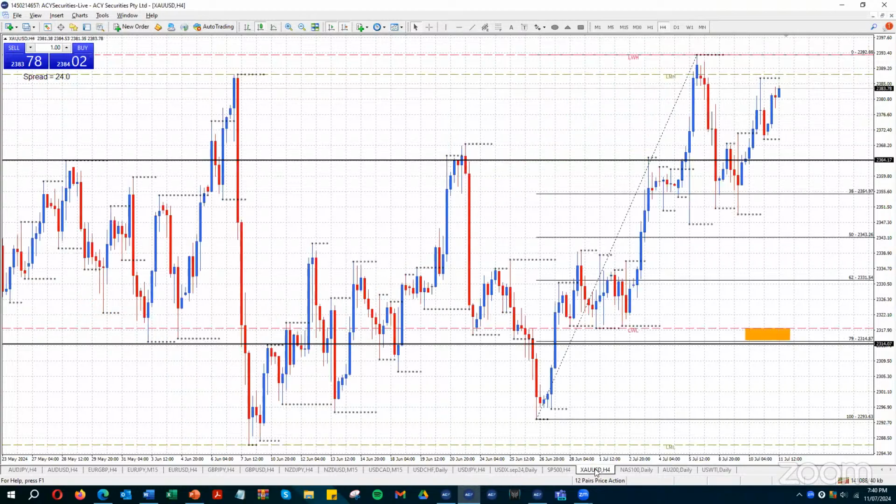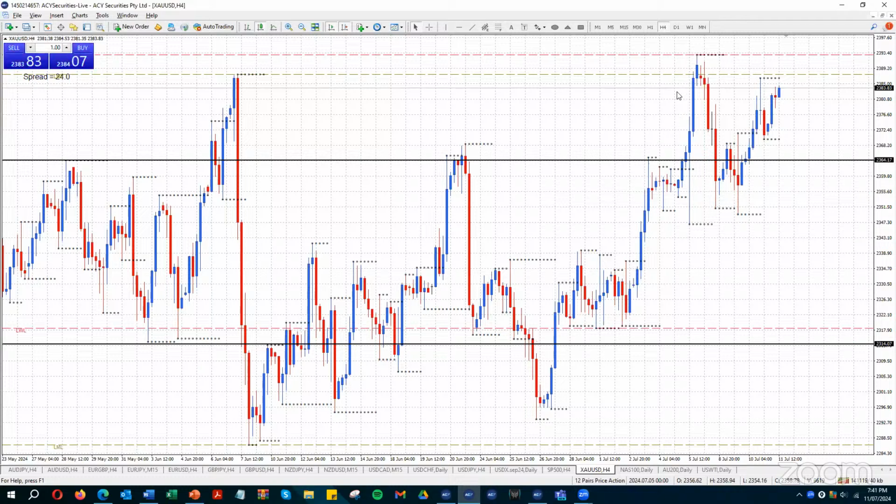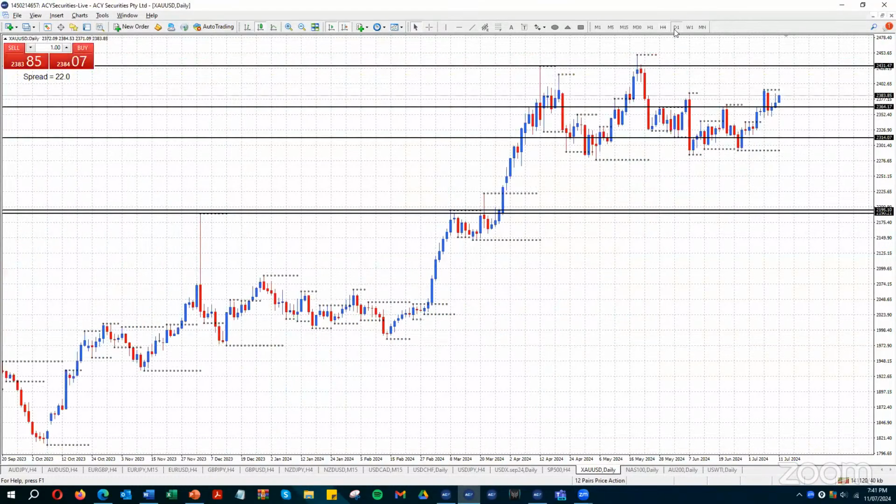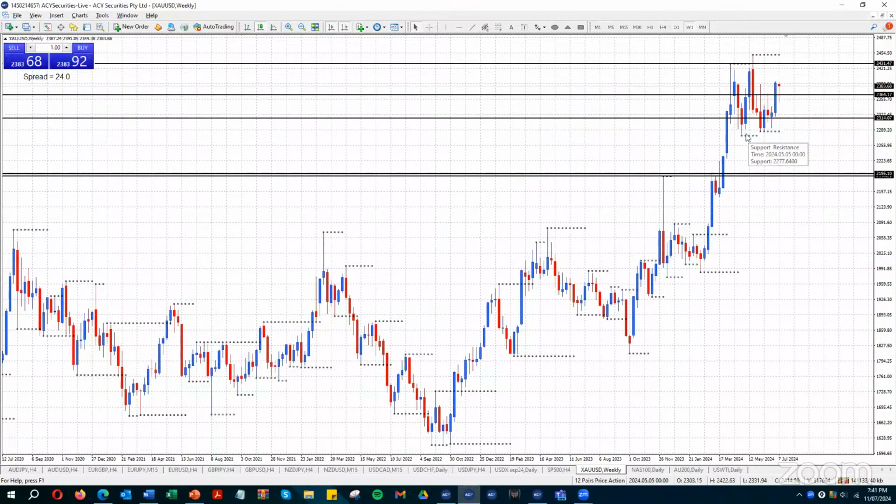All right, let's have a look at gold, which hasn't pulled back to an area I was watching. Our day chart trend is up, and if you don't know, the weekly trend's up here.